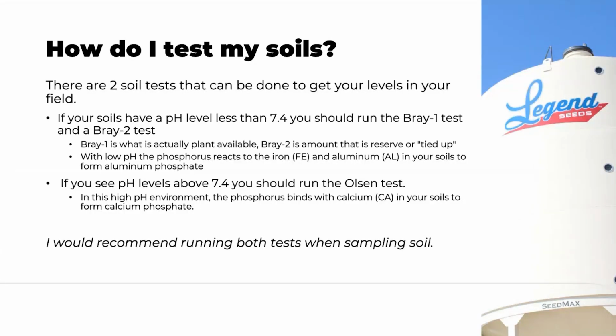Now if you jump up and see levels a little higher, 7.4 and above, that's when you would run the Olson test. In high pH environments, the phosphorus binds to the calcium in your soil, not so much iron and aluminum, and that forms a calcium phosphate, which again is not available for that plant to utilize.